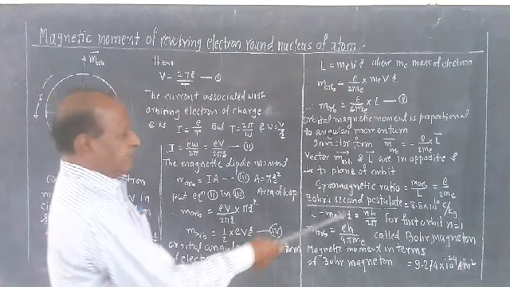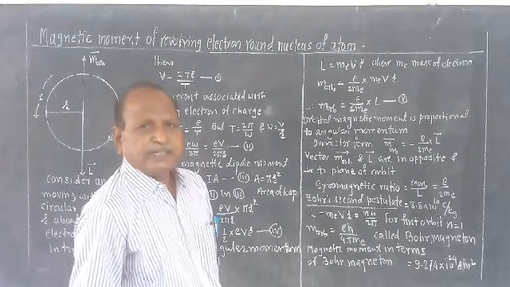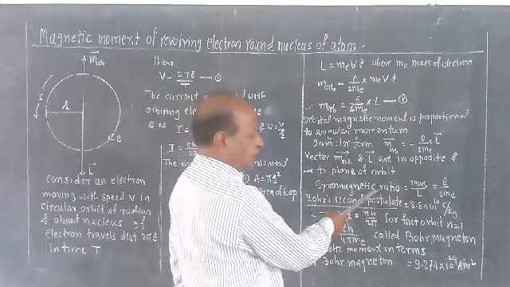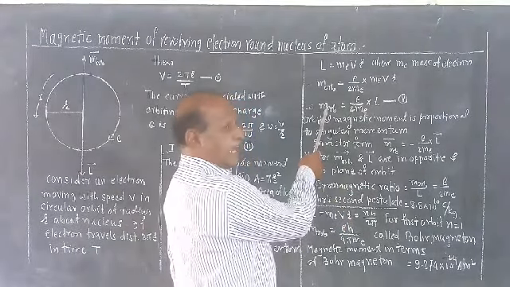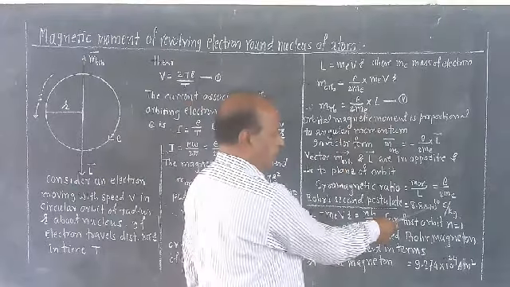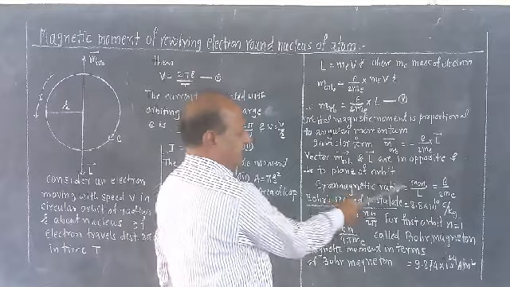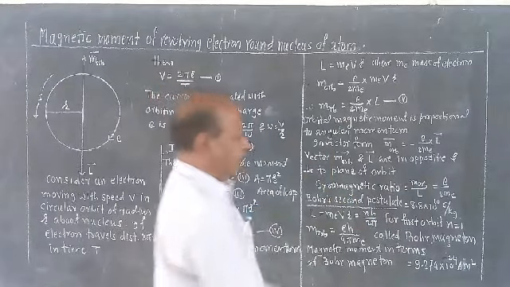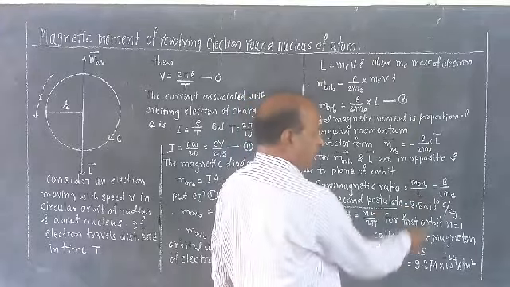Now in this case, the gyromagnetic ratio. What is gyromagnetic ratio? The gyromagnetic ratio is the ratio of dipole moment to angular momentum. So taking L to this side, equation 5 becomes M orbital divided by L is equal to e divided by twice m e.